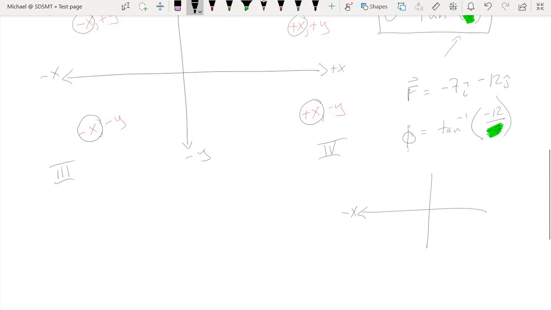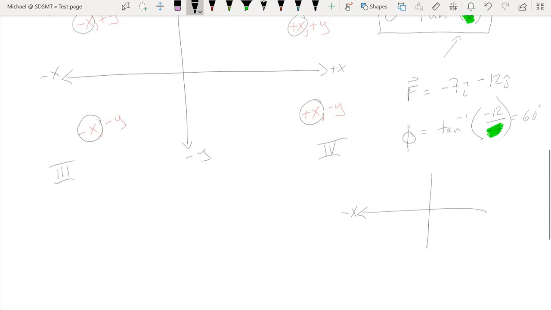We'll go ahead and plug the -12 over -7 into our calculator, along with the inverse tangent. And I am getting an angle that is approximately 60 degrees. And that did come out positive, just so you know. And it should, because we had two negatives in that quotient. But I'm getting a positive 60 degrees.